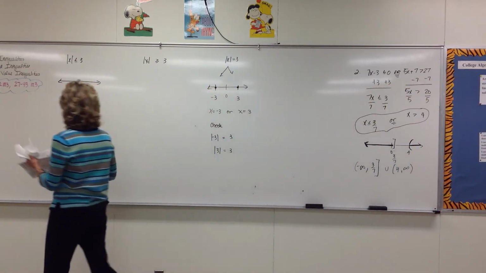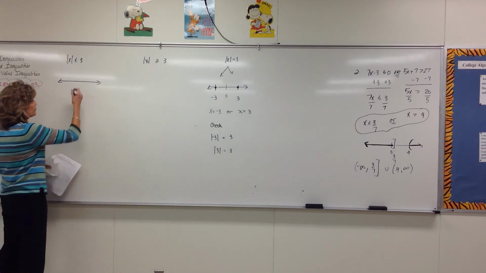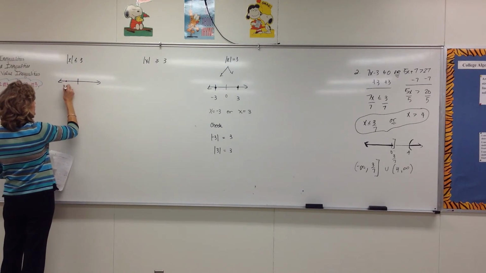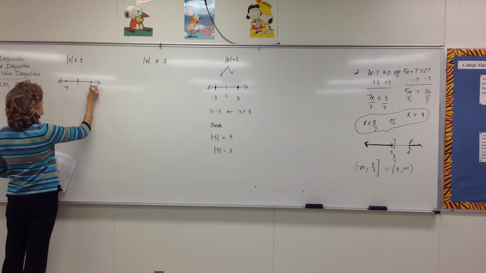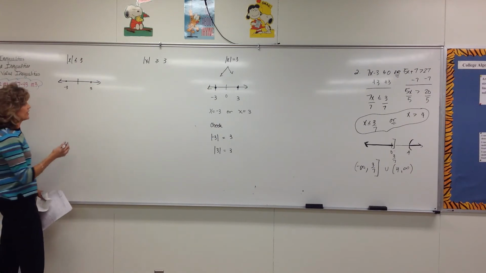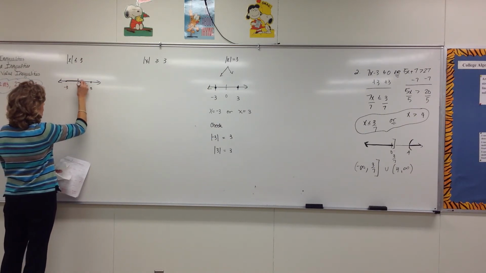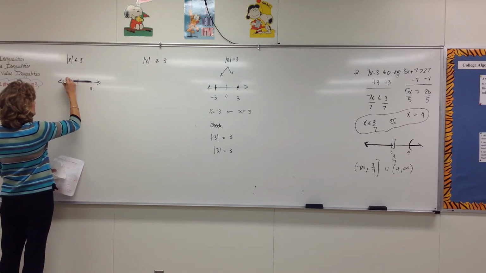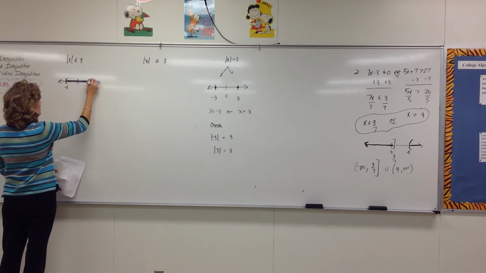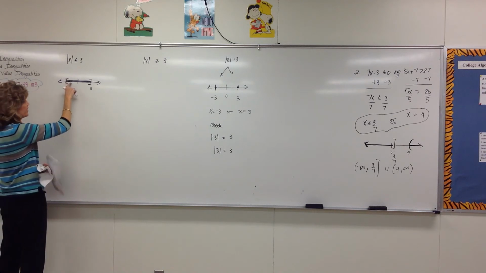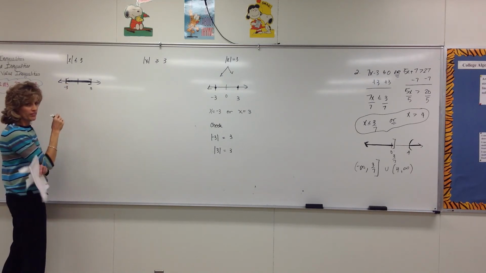Here's the picture I was looking for. If the distance away from 0 is exactly 3, that puts you on -3 or +3. And a distance of less than 3 means, keyword I was hoping somebody would tell me, somewhere between. If you're standing on -1, you're 1 step away from 0. If you're standing on -2, you're 2 steps away from 0.